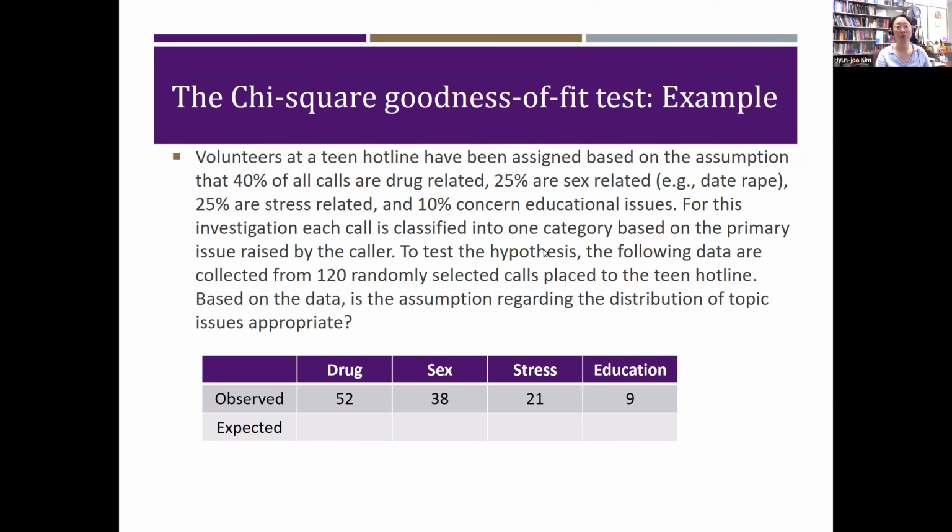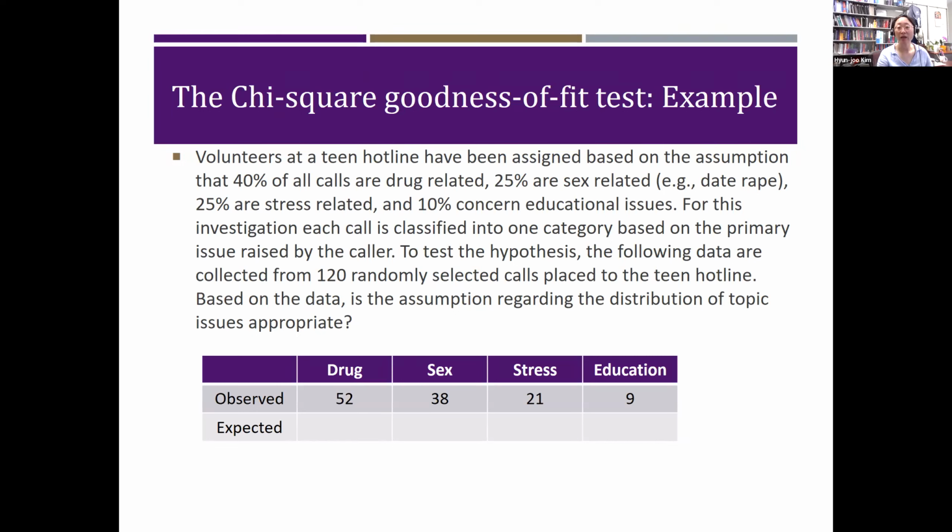In this example, volunteers at a teen hotline have been assigned based on the assumption that 40% of all calls are drug-related, 25% are sex-related, 25% are stress-related, and 10% concerned educational issues. Each call is classified into one of these 4 categories based on the primary issue raised by the caller.